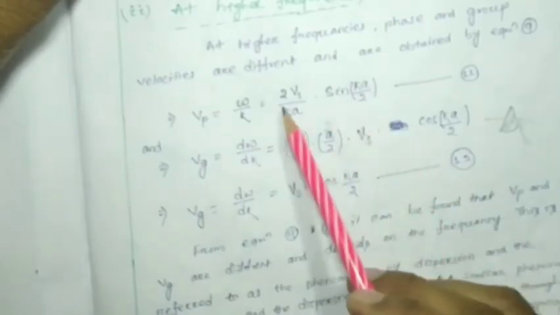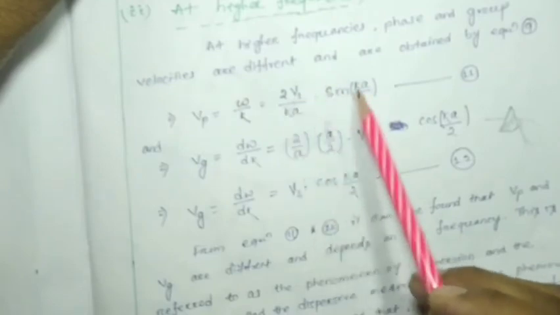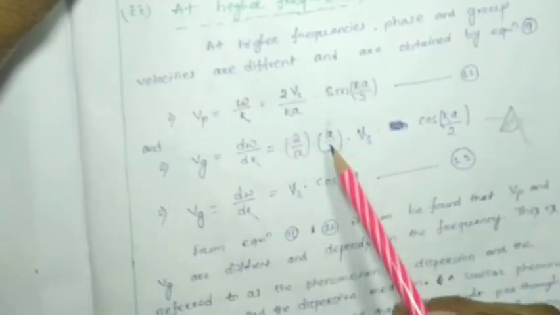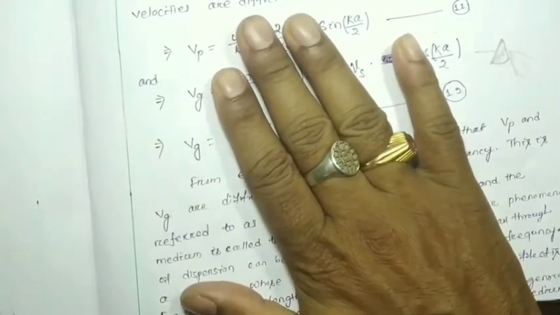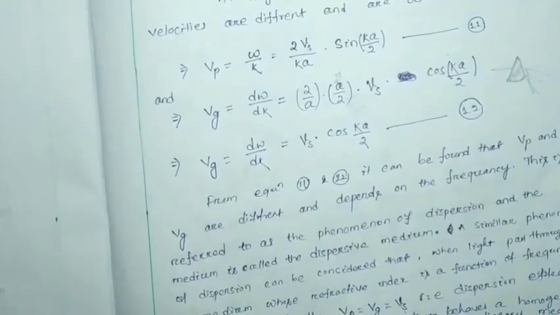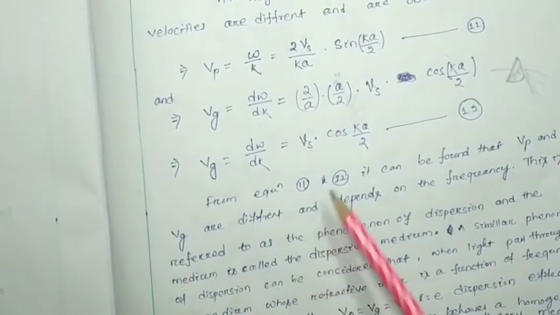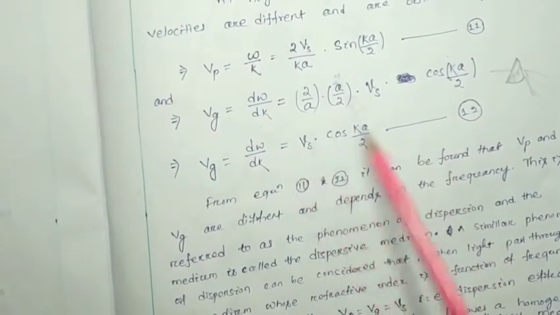Now if I differentiate this with respect to k, we find that d omega by dk equals Vs into cos ka by 2. Let this be equation number 12.